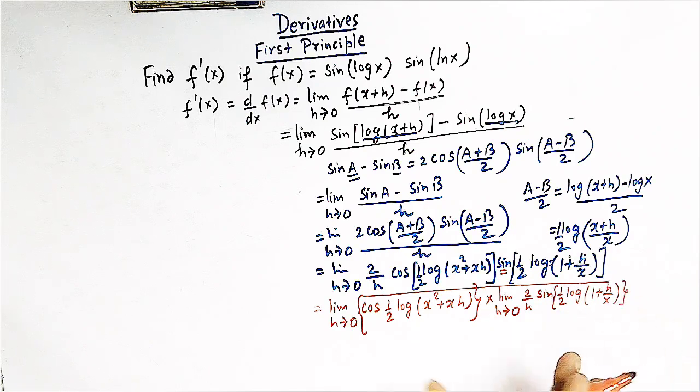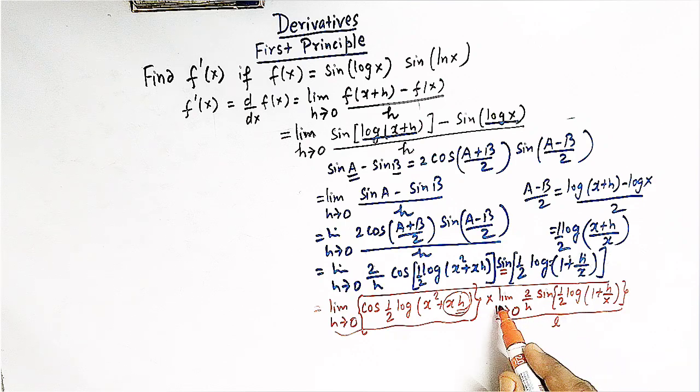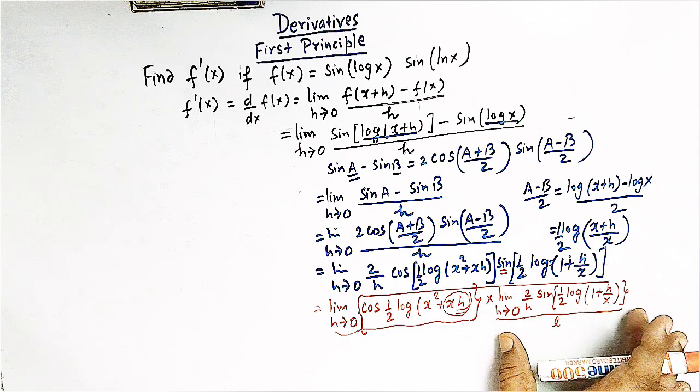So now our aim is to find the value of this limit and this limit. Now this limit is quite easy, because in limit h tends to 0 of cos of half log(x² + xh), we can directly take h equal to 0. So this term is 0, right? And we can assume this limit as L, and will separately solve this limit.